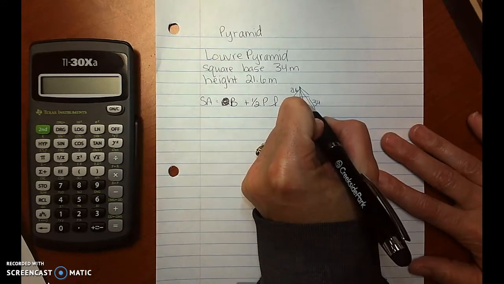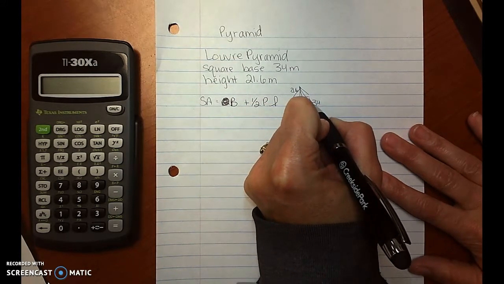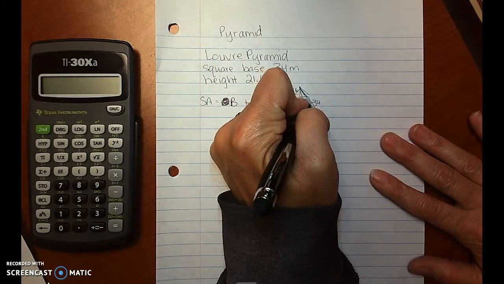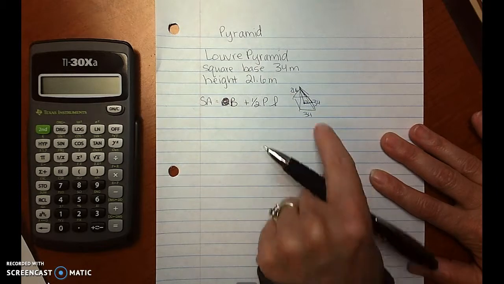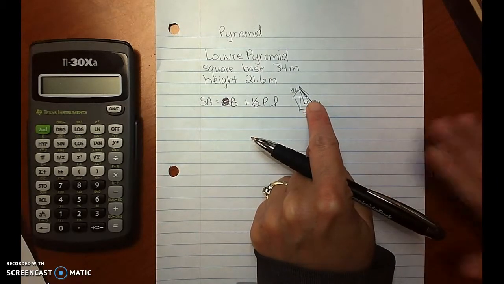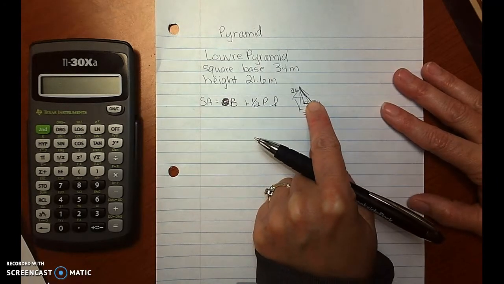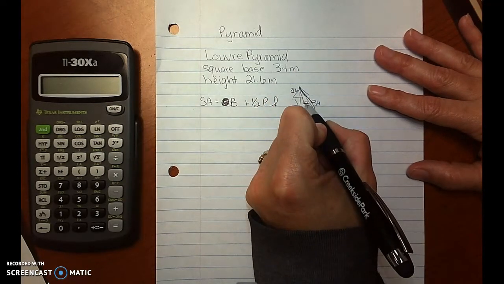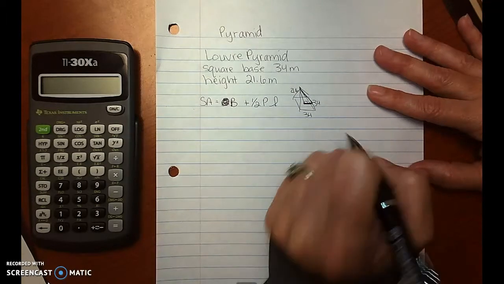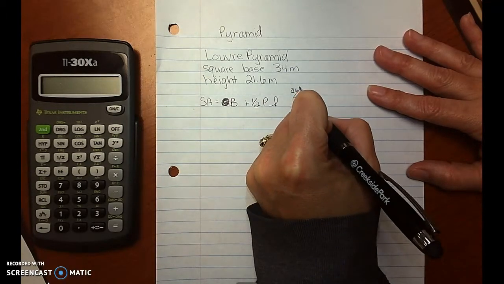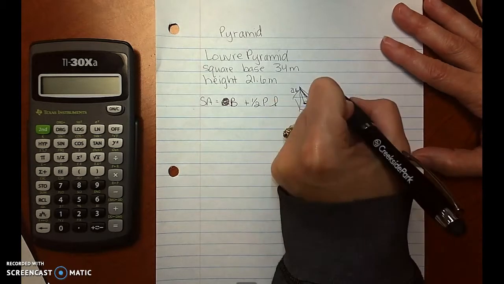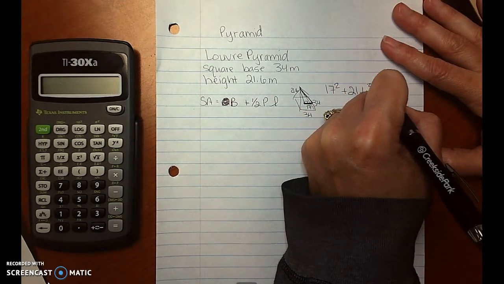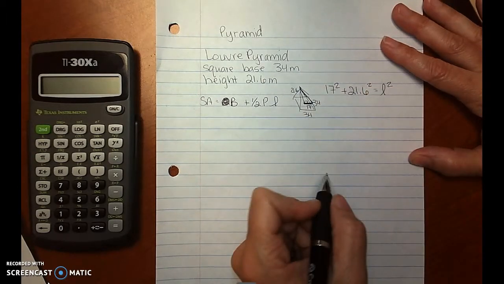If I go from that center point to the edge, that gives me the other leg of my right triangle, and that slant height is going to be the height of that triangle of the pyramid. So then I can use Pythagorean theorem with 21.6, except I'm using half the distance here, not the whole distance, so half of 34 is 17. So Pythagorean theorem would be 17 squared plus 21.6 squared, and that's going to equal my slant height squared.